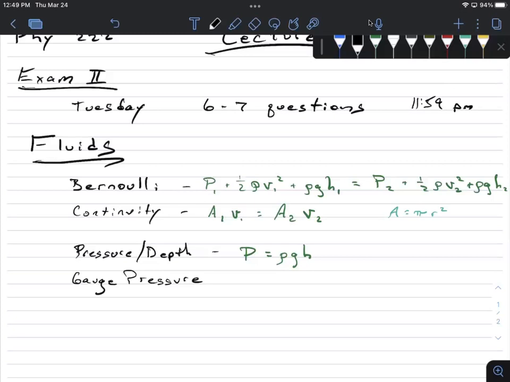And so the gauge pressure, if we want to count this as an equation, is going to be the absolute pressure, which is the total pressure acting on the system, including atmospheric, minus the atmospheric pressure. And the atmospheric pressure is just a constant. It's a number, 1.01 times 10 to the fifth, or whatever it is. It's something that would be given on a test if you need it.